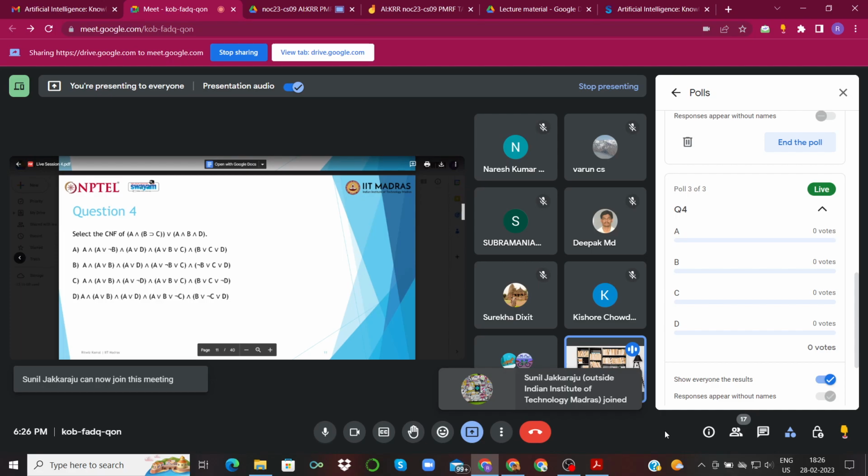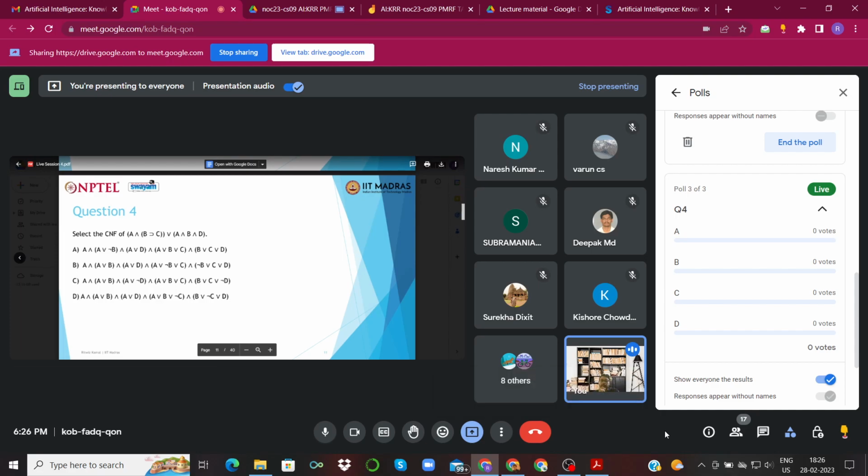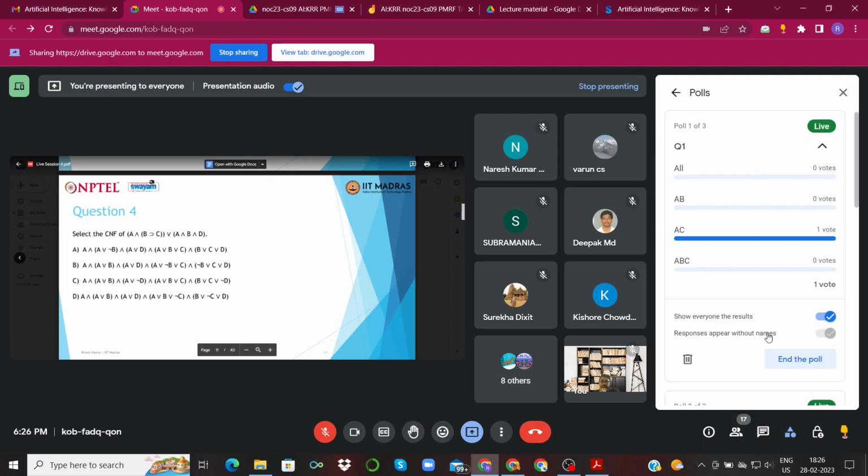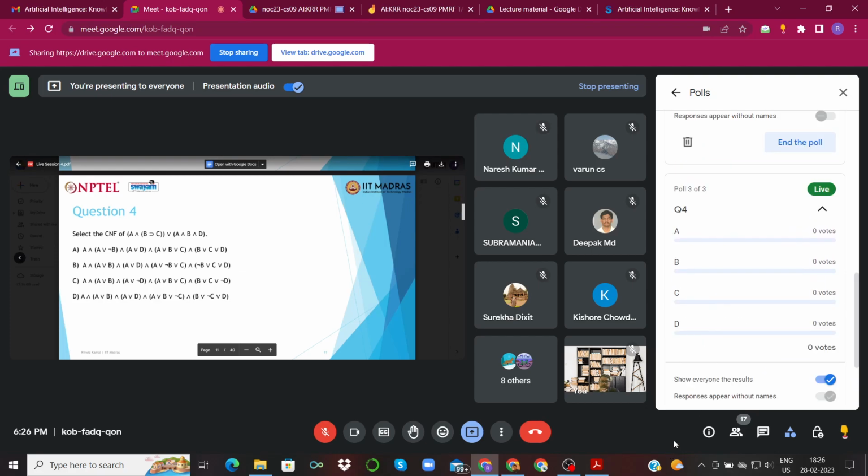So you might want to expand that and get it into a simplified form that is a bit closer in resemblance to a CNF. Okay, I'll give you one more minute and then we'll discuss the solution.